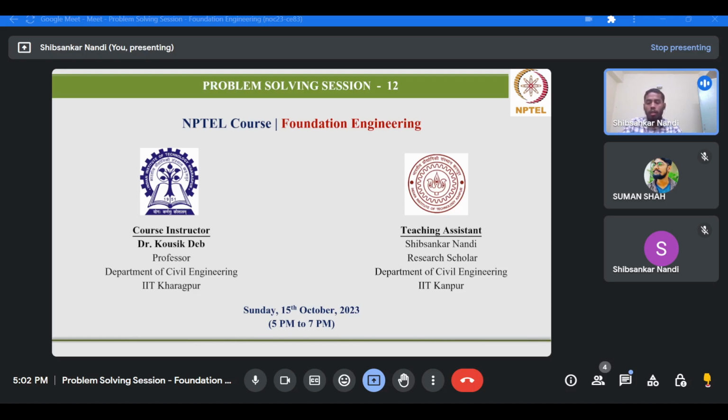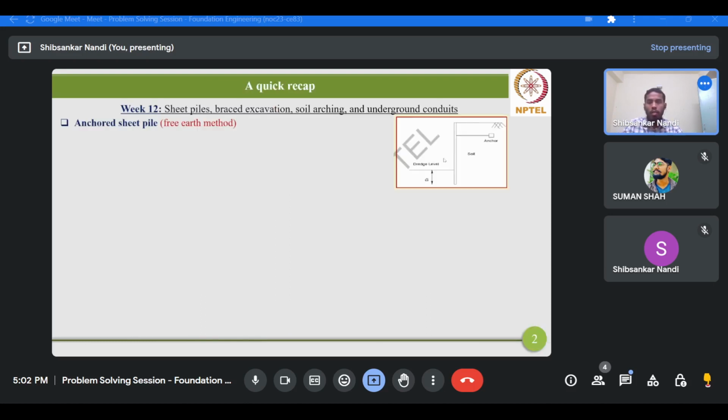In this week, we proceeded further and saw how to determine the net earth pressure distribution for an anchored sheet pile wall.